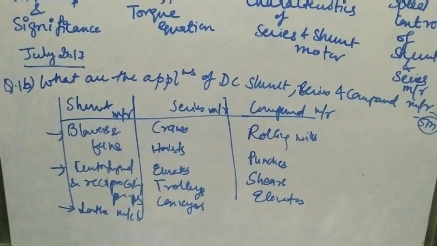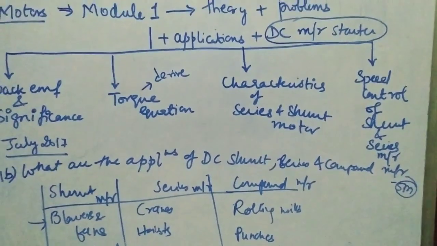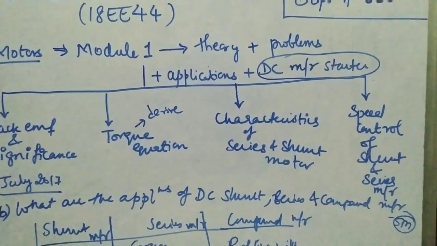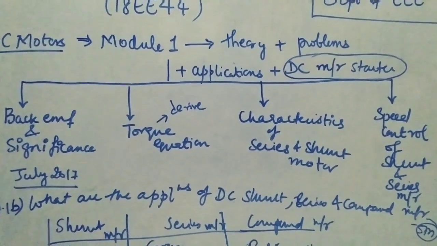You have to write at least 4 to 5 examples each so that you can score full marks out of the 5 marks allotted.